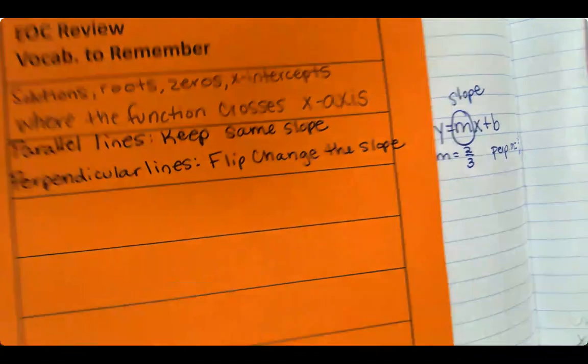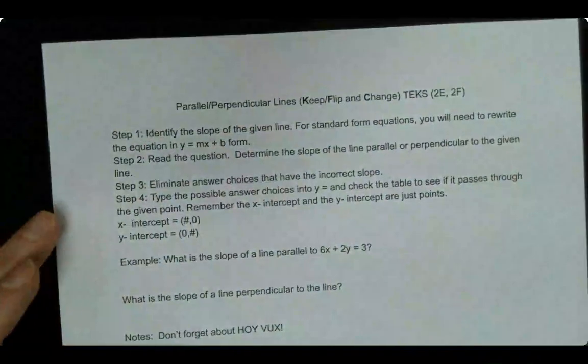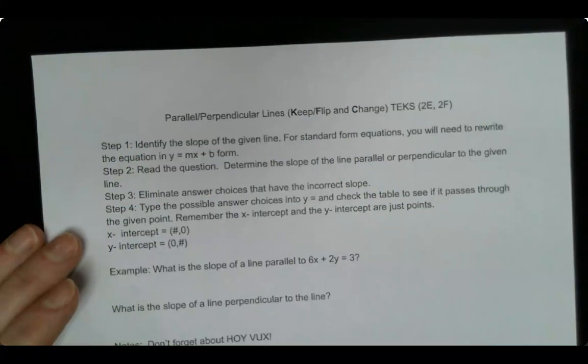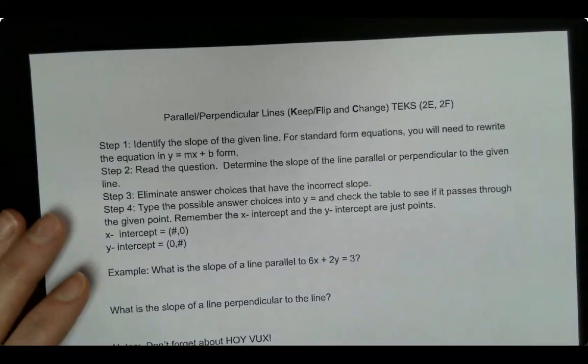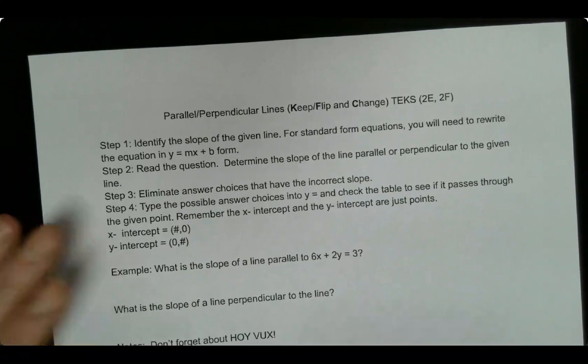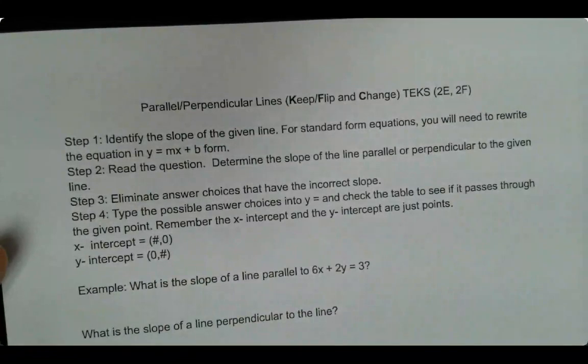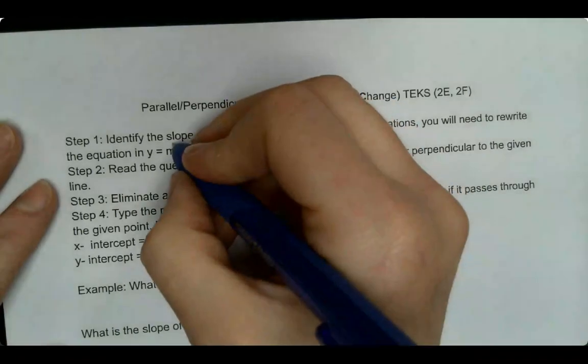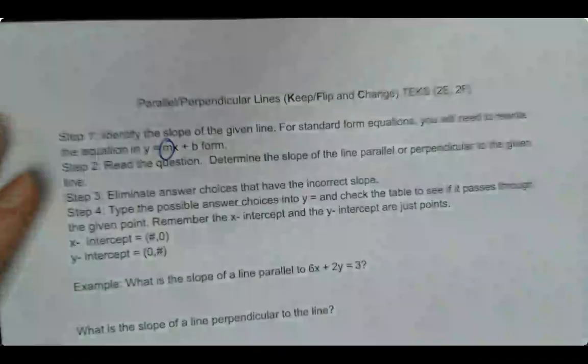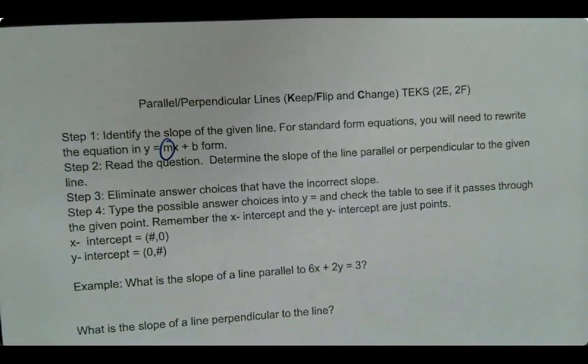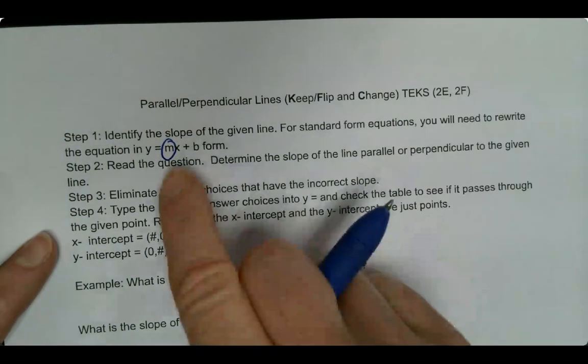So we have some steps that we're going to look over to help us do some example problems. Step one, identify the slope of the given line. So for standard form equations, you will need to rewrite it as y equals mx plus b. M is your slope.